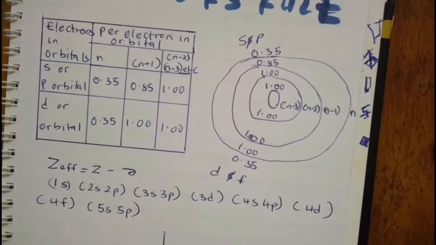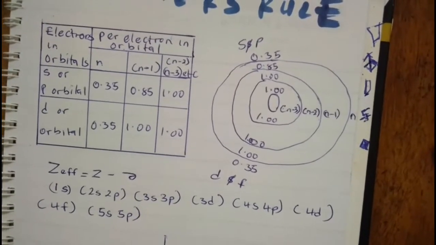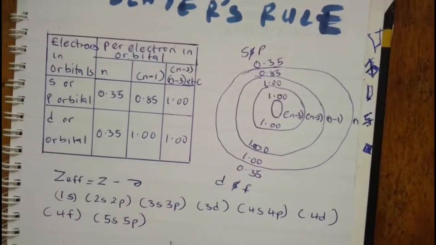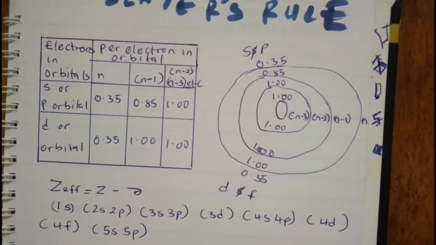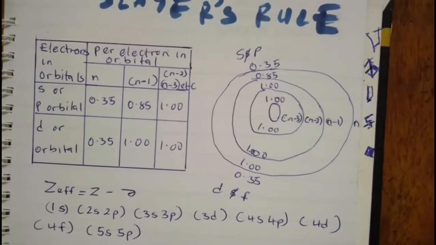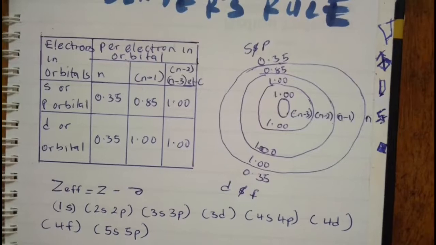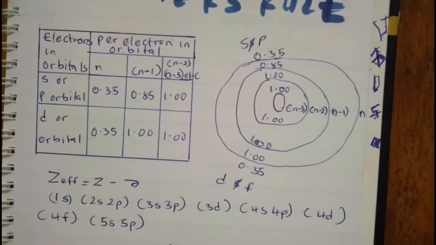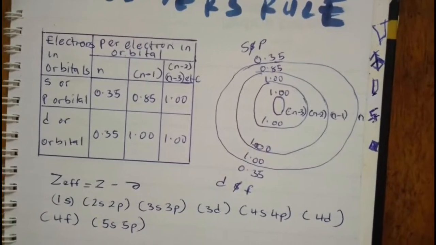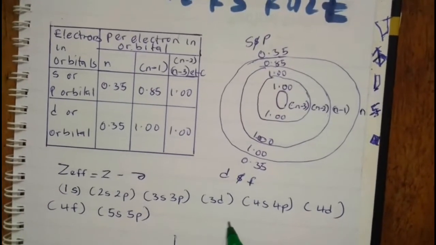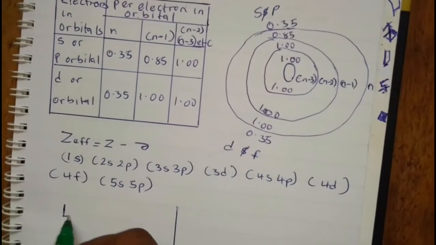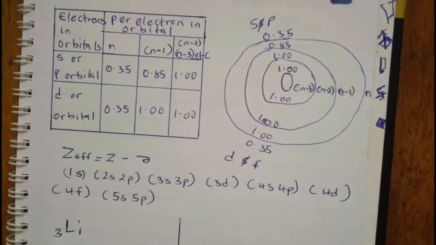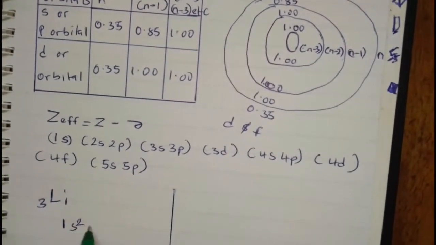According to Slater's research, electrons in the main shell will reduce the effective nuclear charge by 0.35. What do I mean by the main shell? For example, lithium is 3, so it has 1s2 2s1.